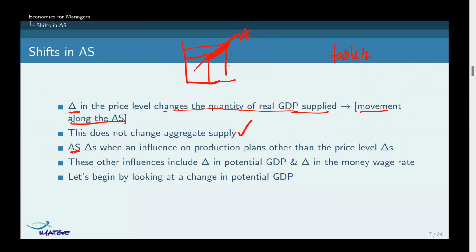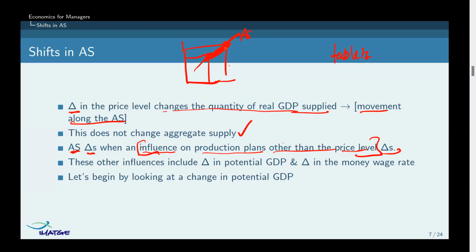So aggregate supply changes when an influence on production plans other than the price level changes. So what is changing here now is an influence other than the price level, because the price level simply causes a movement along the same what?